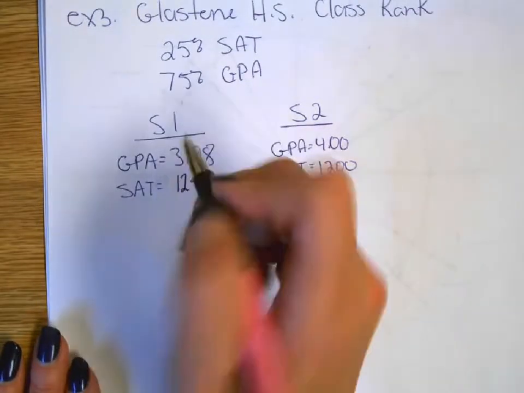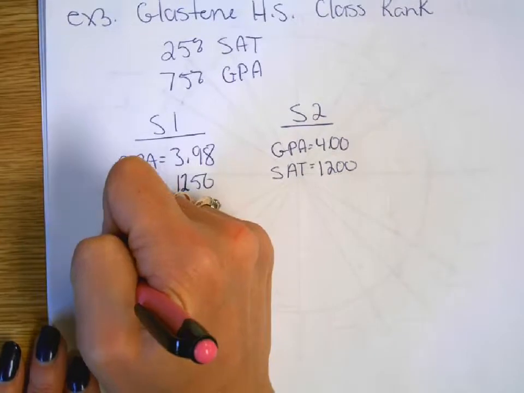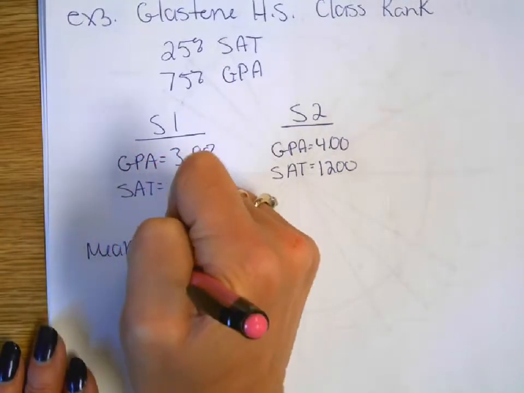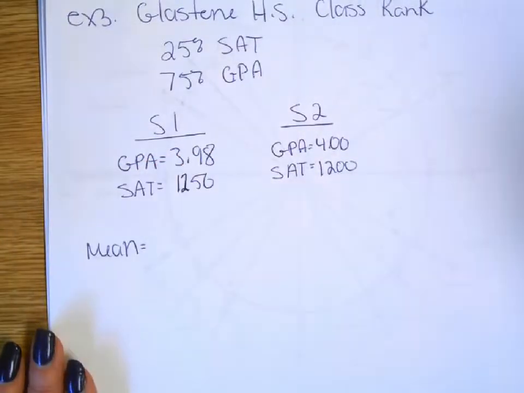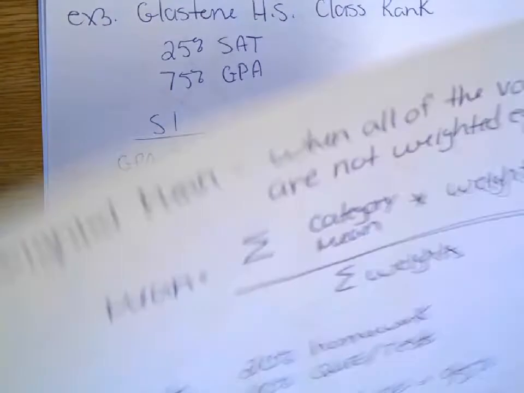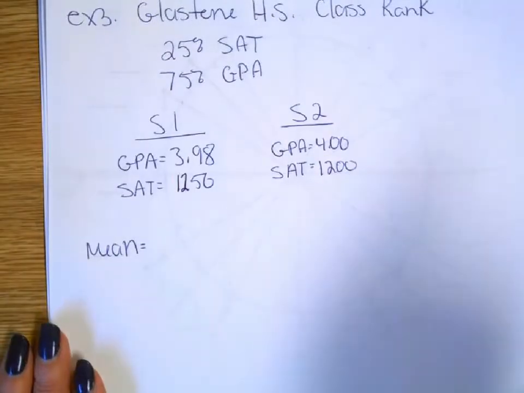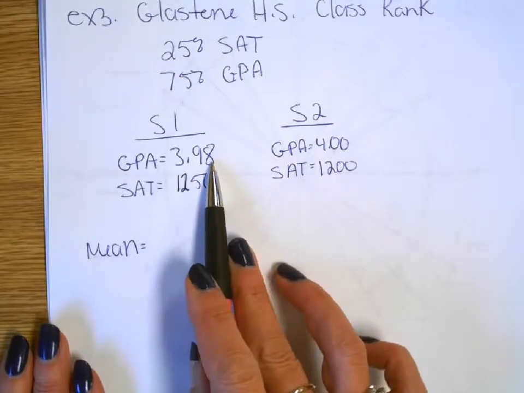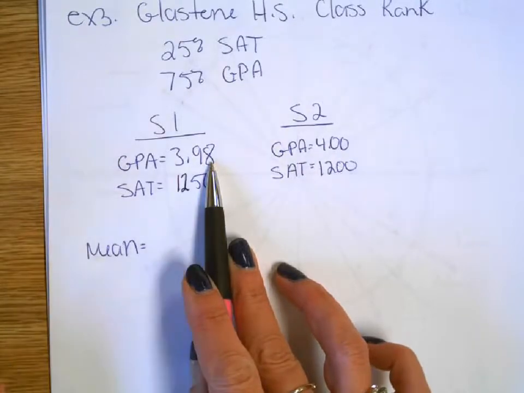So, the weighted average formula says you take the category average and multiply by the weight. Well, I've got a GPA of 3.98. To turn that into an average, I got to divide by what it's out of.